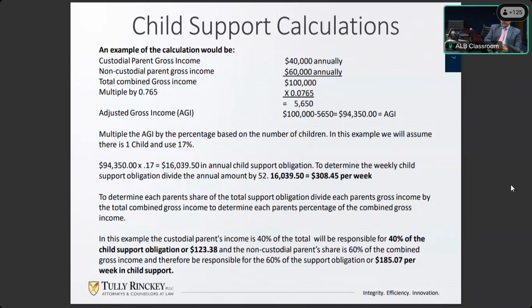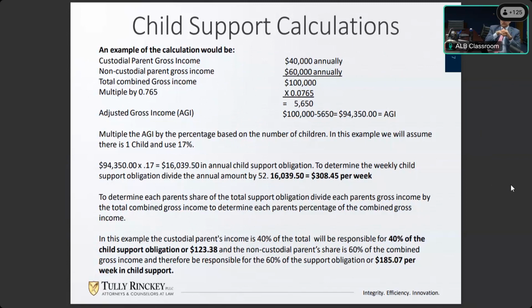So you see that we have the adjusted gross income times 17%, and we have a total of 16,039. Now that is the total amount of child support that has to be paid, or that they address with. That's the total amount of child support before we start seeing who has to pay what.